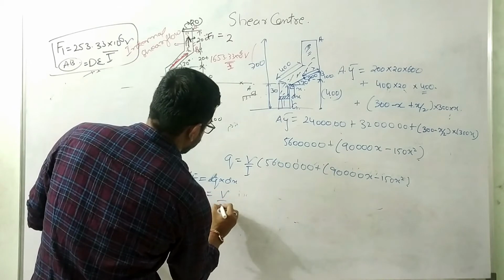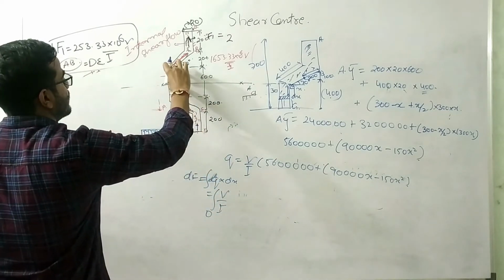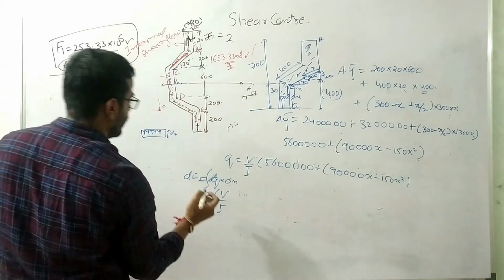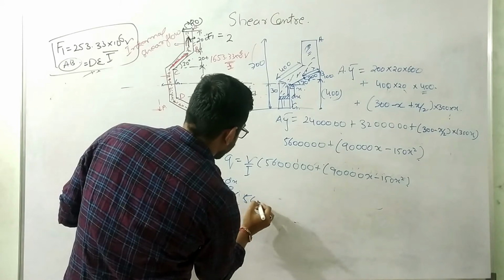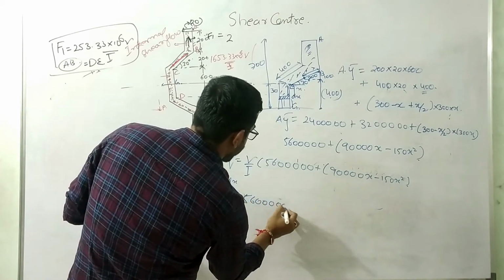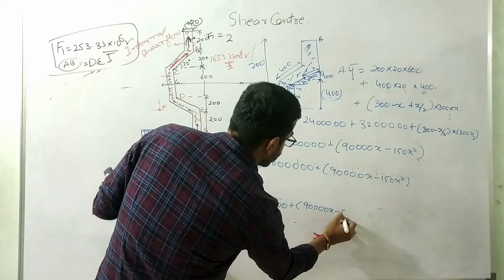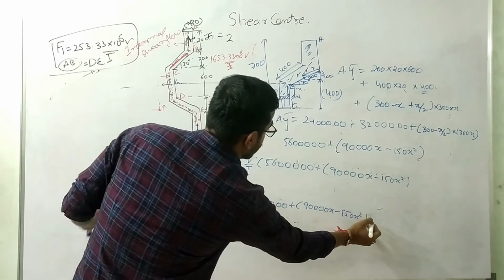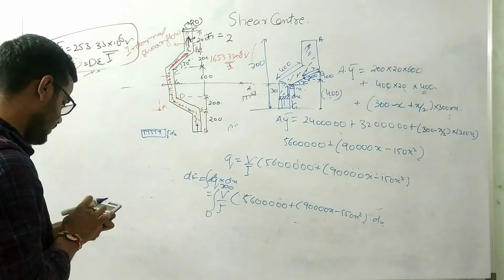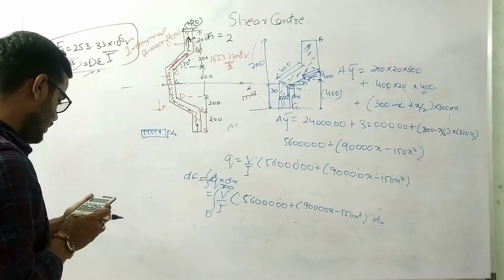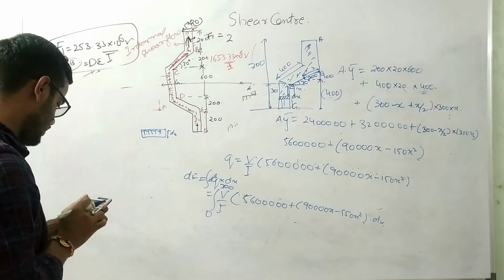So it is nothing but v over I, integration 0 to 300, the depth of the limit is 300, of 90,000 x minus 150 x square into dx. So I need to solve this expression from 0 to 300.